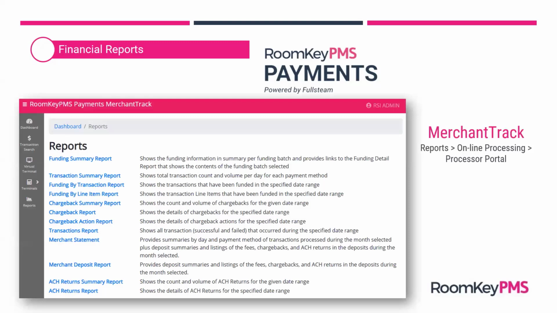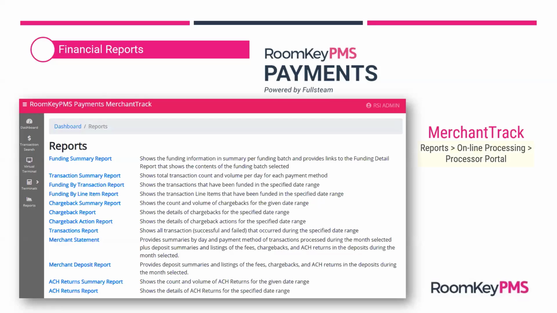Merchant Track portal is the processor portal that works with FullSteam. This portal does give you access to summary reports that can be utilized for end of year reporting for your bank statements. This can also be used for funding or deposits reconciliation at the end of the year. You can also review chargeback information and any returns.